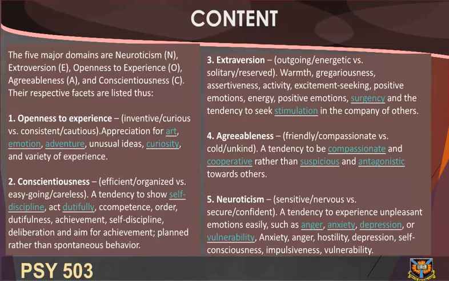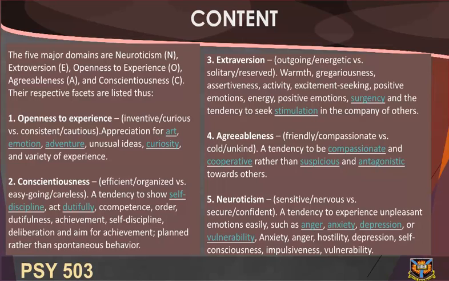Outgoing and energetic versus solitary and reserved. Gregariousness, assertiveness, activity, excitement seeking, positive emotions, energy, and the tendency to seek stimulation in the company of others. 4. Agreeableness, friendly and compassionate versus cold and unkind.